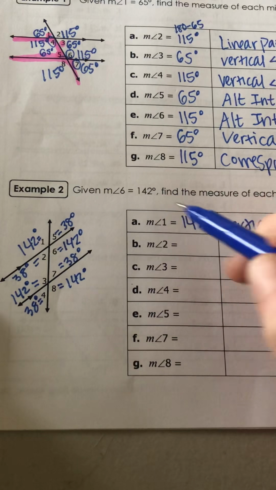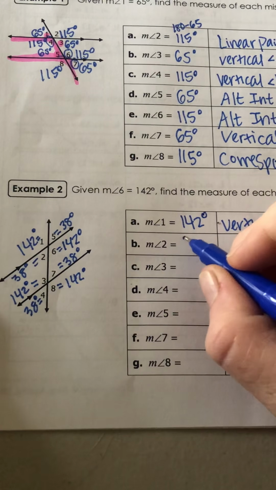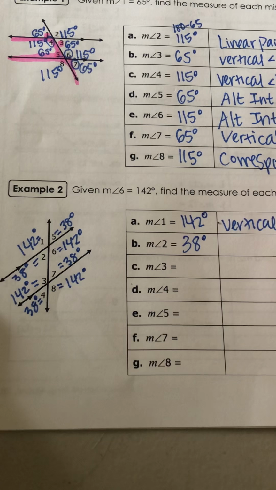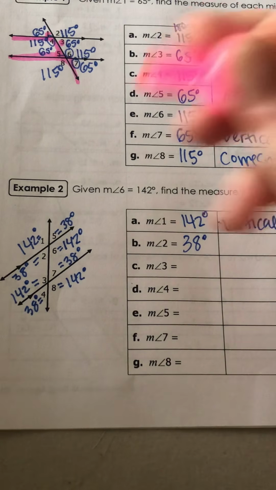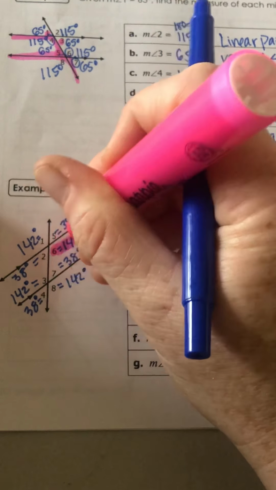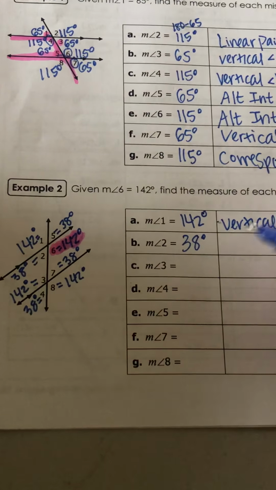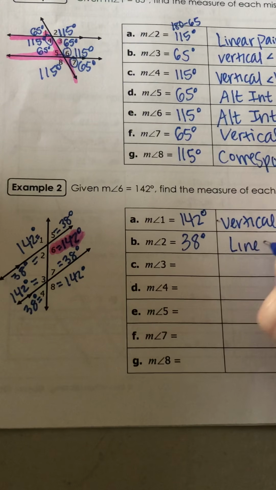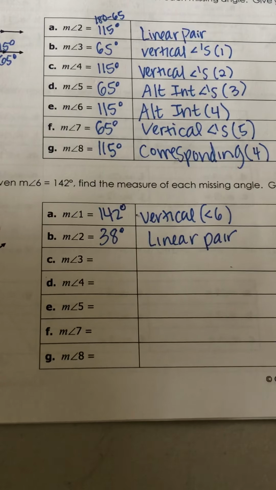Measure of angle 2 is 38 degrees. But let's compare each of these to angle 6. So angle 2 compared to angle 6, those make a linear pair.